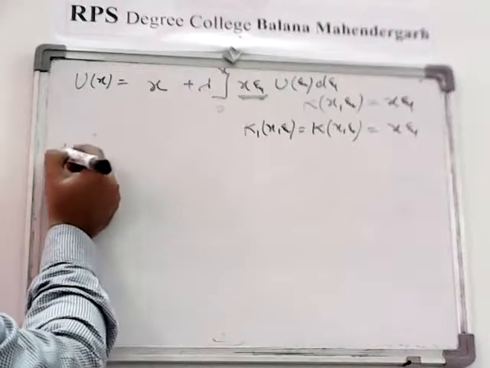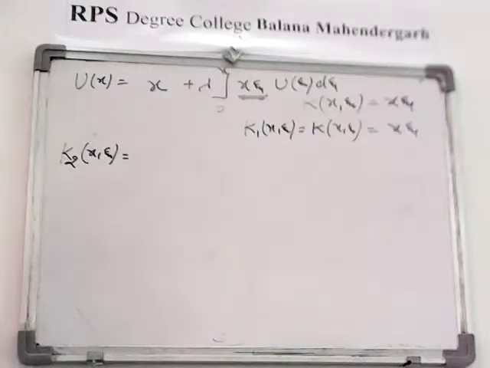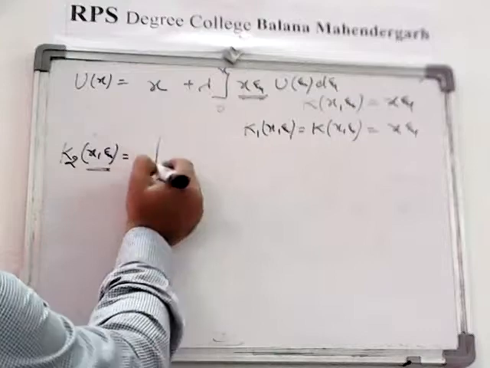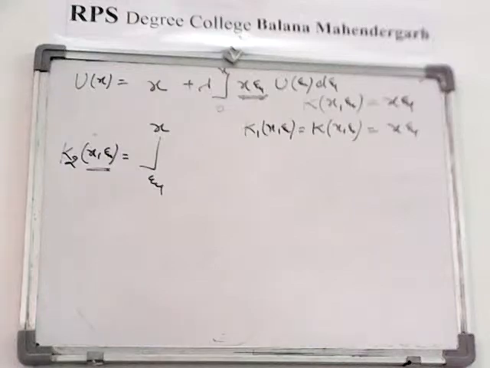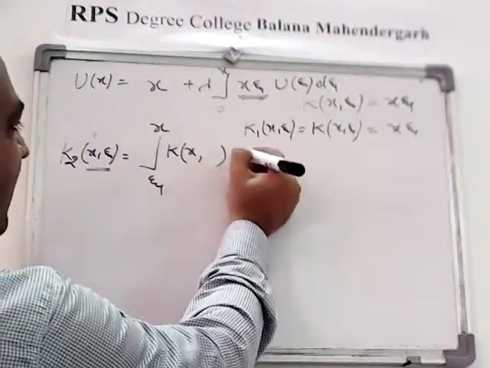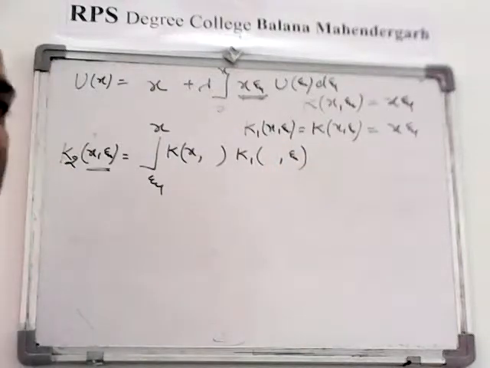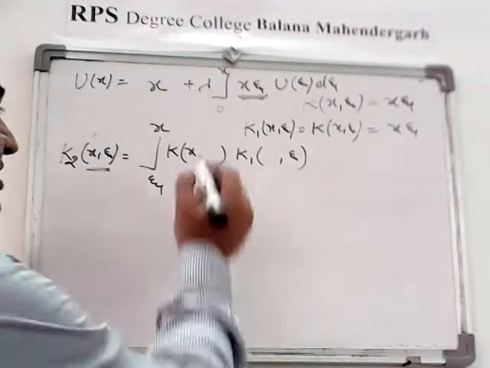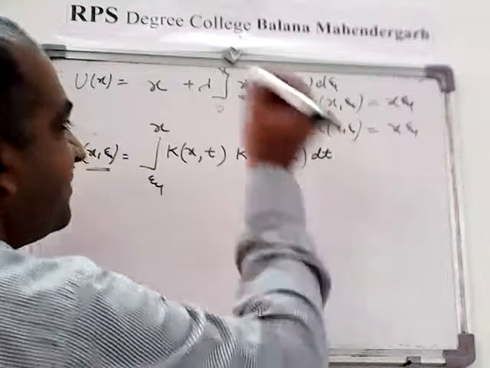Now we will try to find out k2 of x comma xi. According to the formula, as we have to find the kernel in the variables x and xi, our limit of integration will be xi to x. Then we will have k of x comma, and then k1 comma xi. The other variable at this position will be t, and we integrate with respect to t.